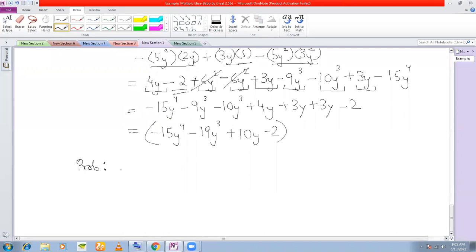I'm not writing the question numbers. The question here is simplify, and you have 3 parts to the question. The first part here is (x + 3)(x - 3)(x + 4)(x - 4).